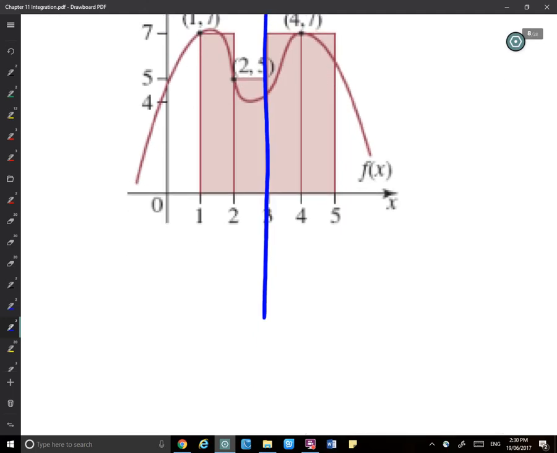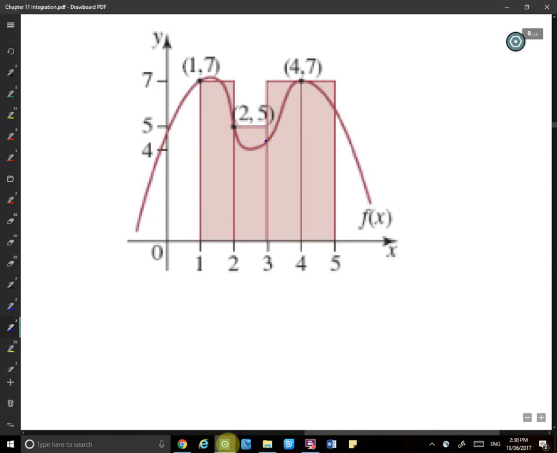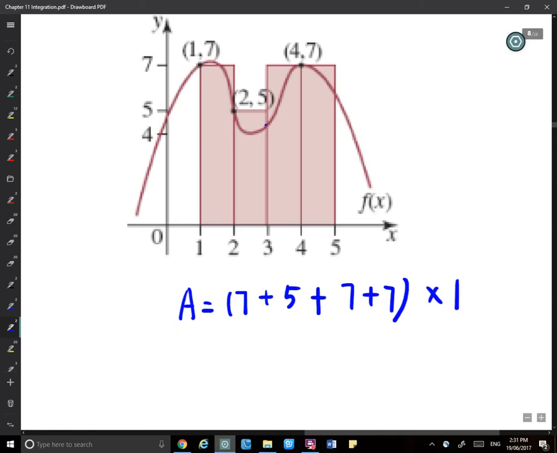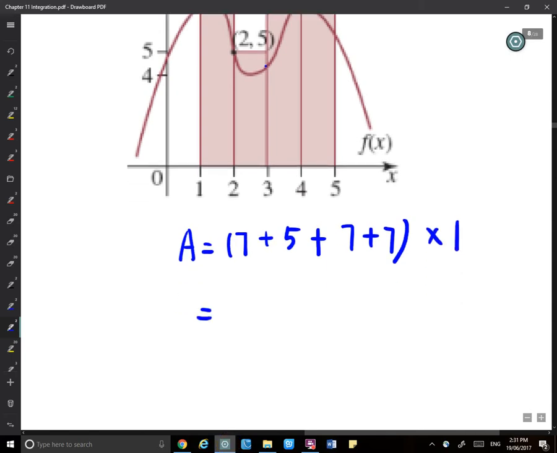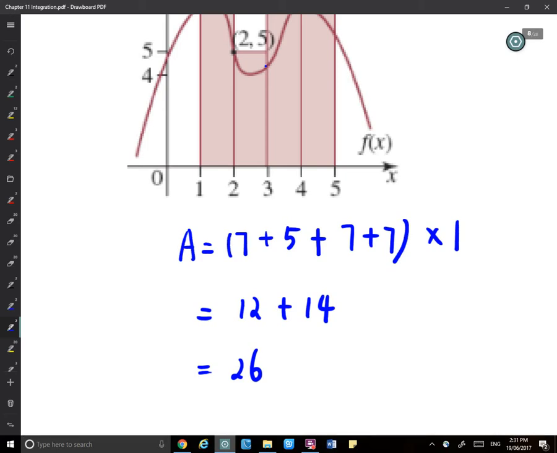So the area has a width of 1. For the first one, you have 7 as the height. For the next, you have 5 as the height. For the third and fourth, you have 7 and 7 as the heights. And the whole thing will be times 1. So 12 plus 14, I have 26.